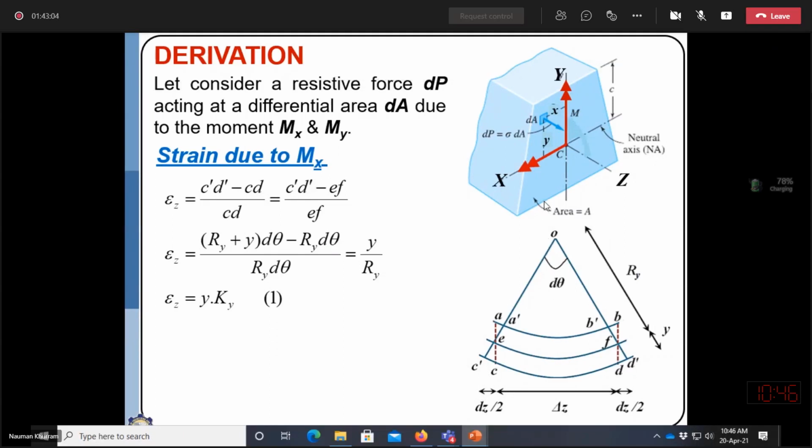When we applied the loading, these cross-sections AC and BD rotated, and after rotation they attained new positions A bar, C bar and B bar, D bar respectively. And after rotation, the angle subtended by the two rotated sections is d theta, a differential angle d theta.